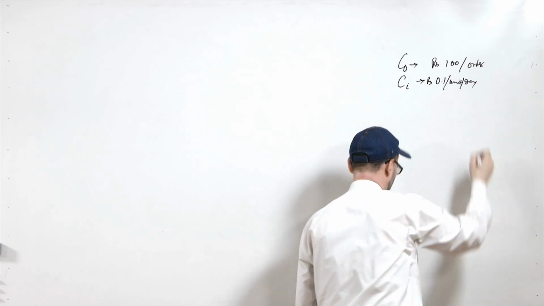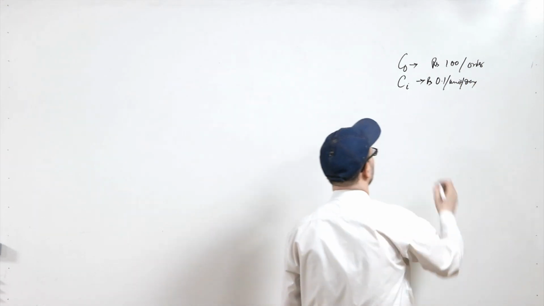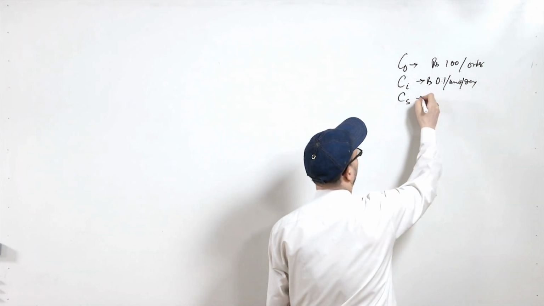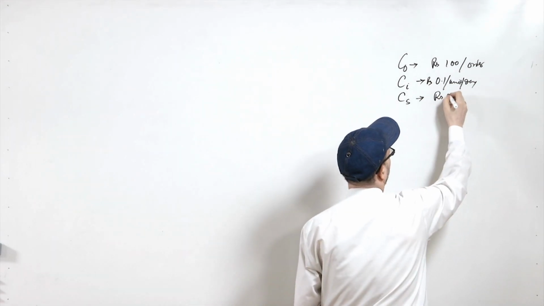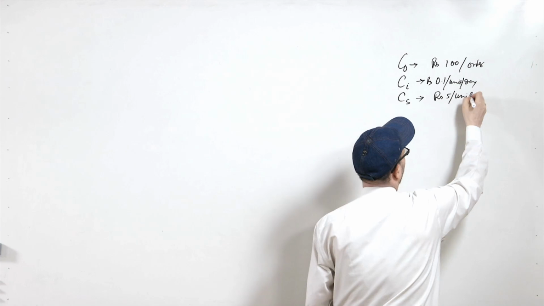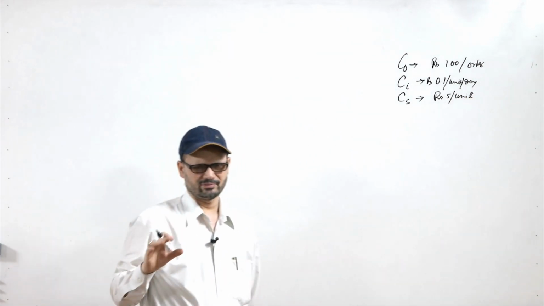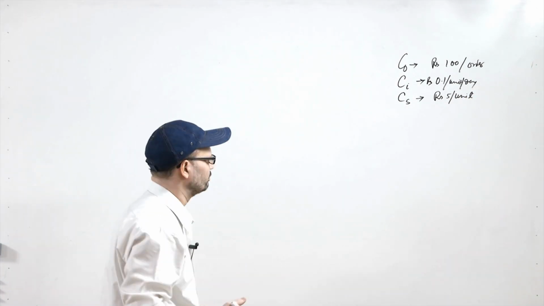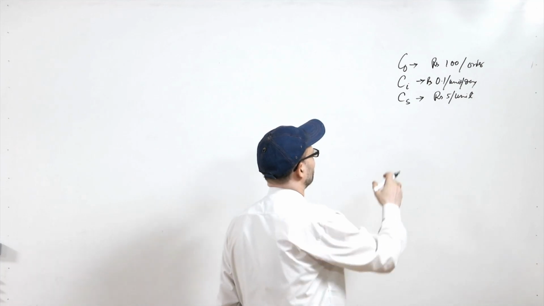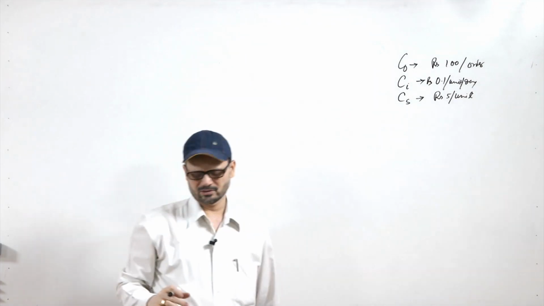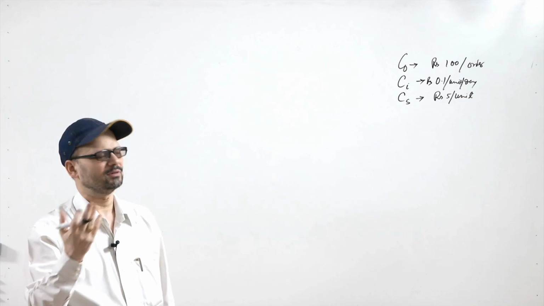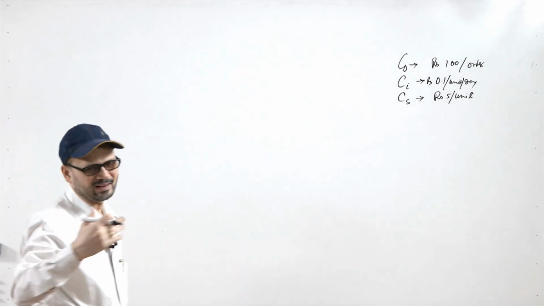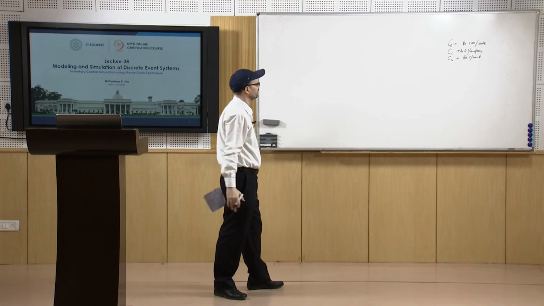Then the cost of shortage is also given, as rupees 5 per unit. These are the data required in inventory calculation, because whenever you have a shortage you will have to bring it from the local market at a higher price. So, you have the cost of shortage at a higher rate.